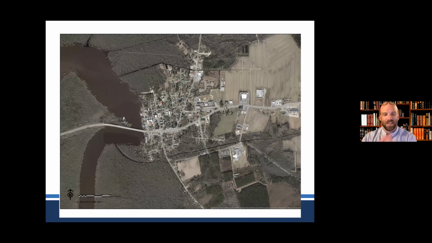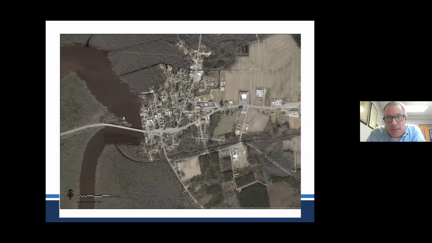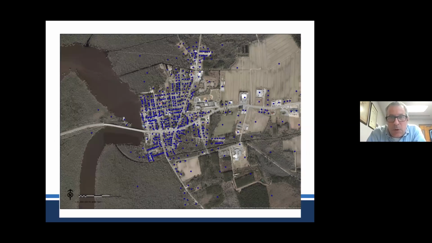Yep. Okay, great. So you should be seeing a Geo Earth image. Basically this is Columbia, North Carolina, which is the biggest city in Terrell County. And again, this is a small county, this is a small town. So these are the geolocated points of the API data for this area. Do you see the points on the map?